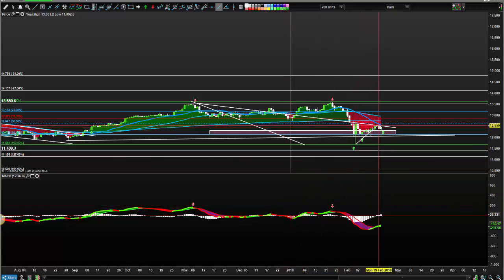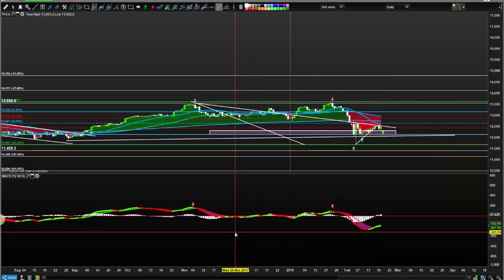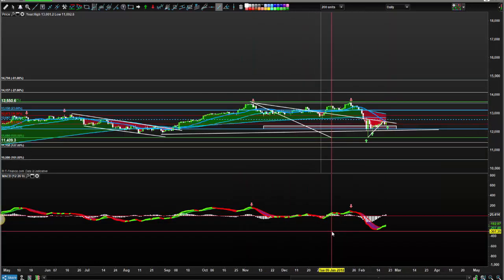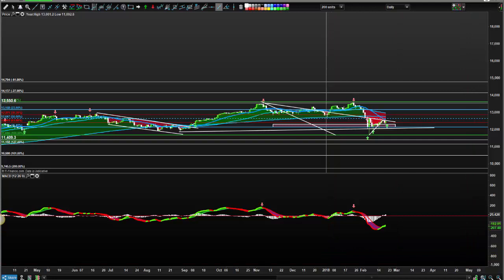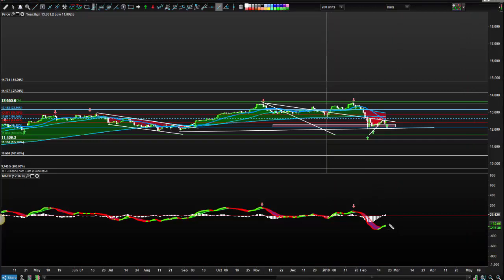But if we can't get above this, then expect these lower levels to get tested. So it's an unconvincing push higher today. So I think we may see some more weakness. You can see the MACD is low, crossing over.